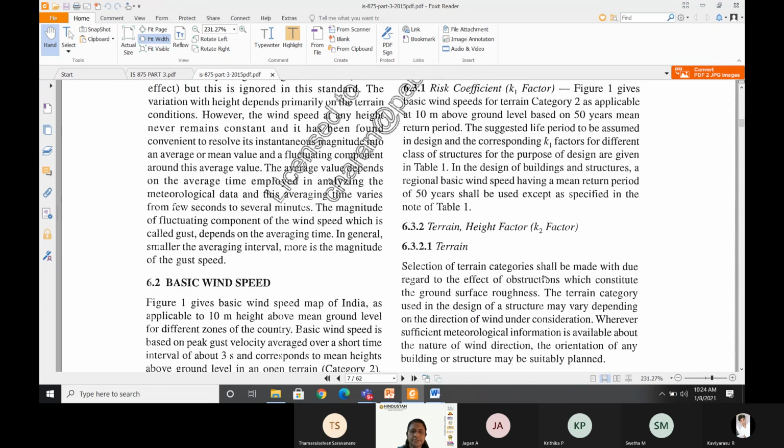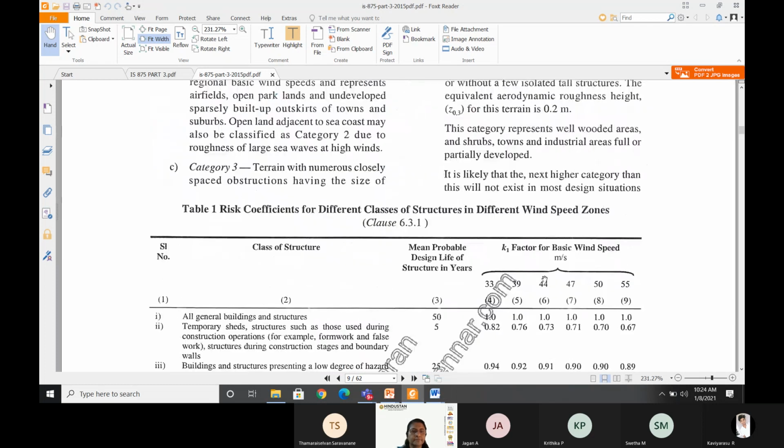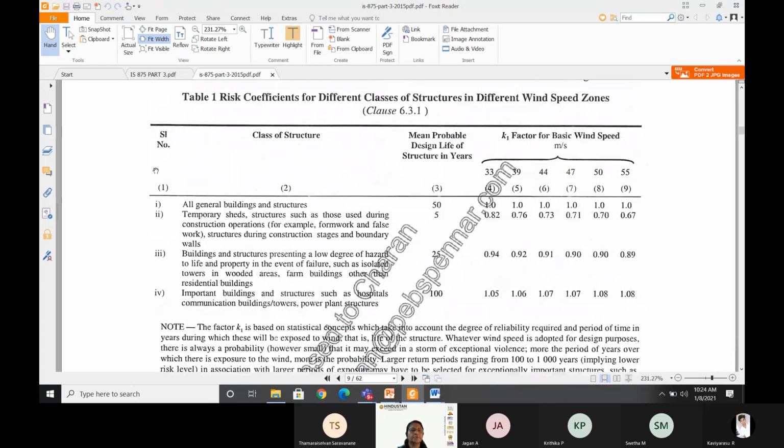Now, in 6.3.1, I'll explain how to calculate the risk factor. See, Table 1: the risk coefficients for different classes of structures in different wind speed zones. On the left side, you can see a number of classes of structures. First one is all general buildings and structures.